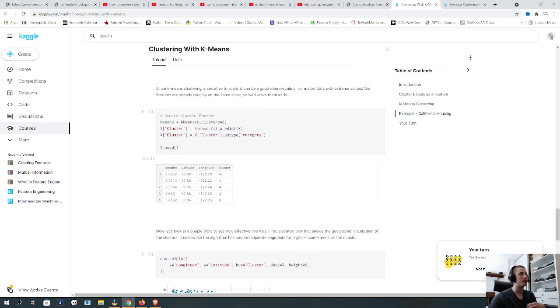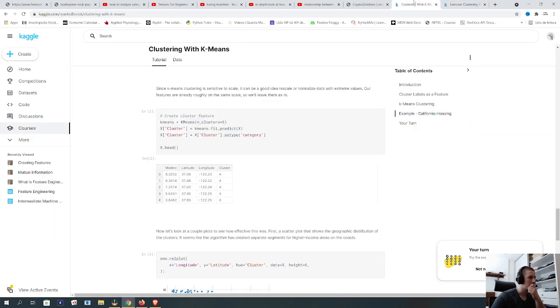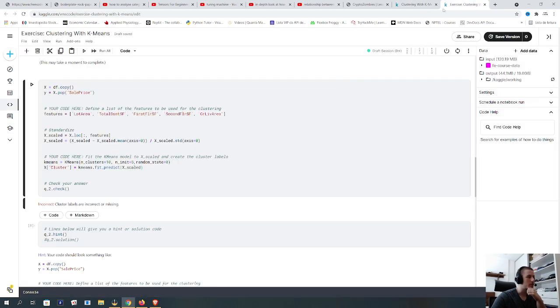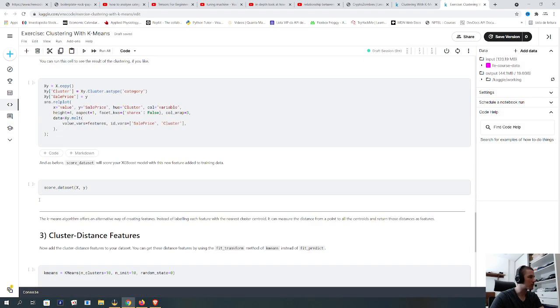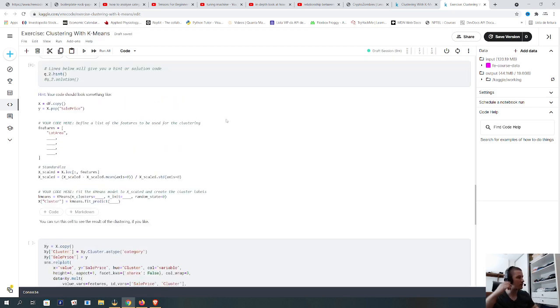So maybe the first one is fit_predict. But then it should have one more line here, not just true. As type category. Yeah, I think I'm gonna look at this solution here. But first I'm gonna go to the refresh back.